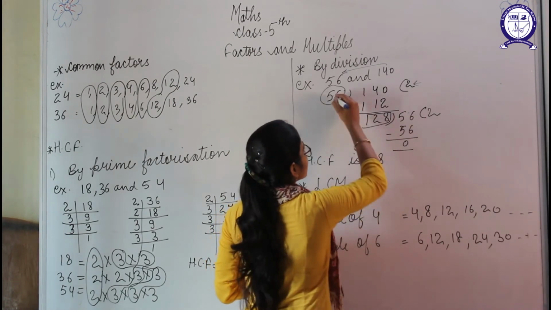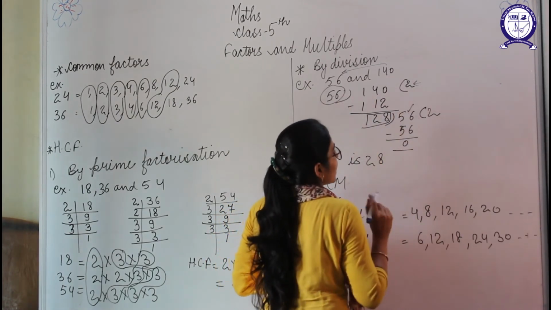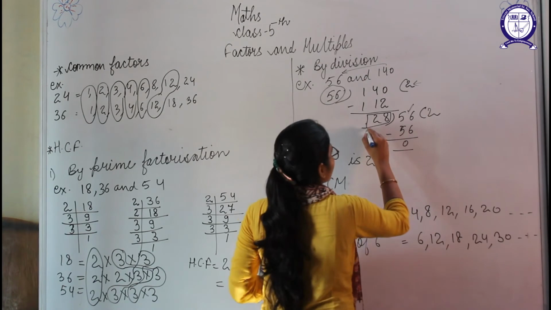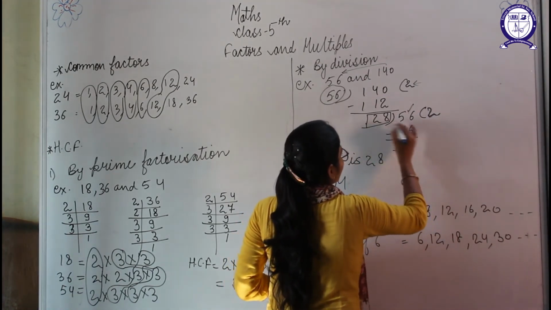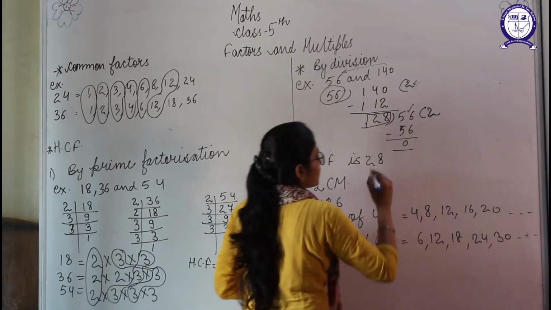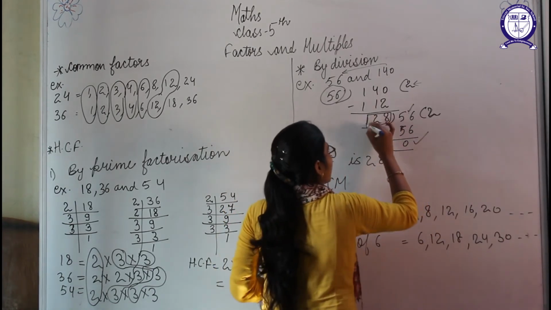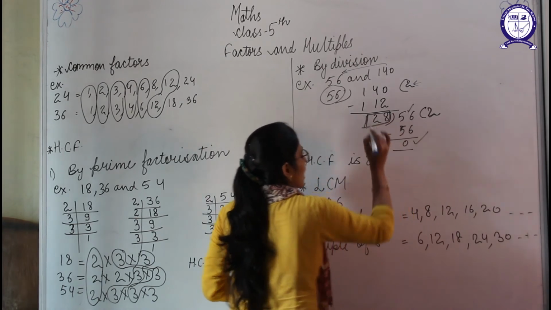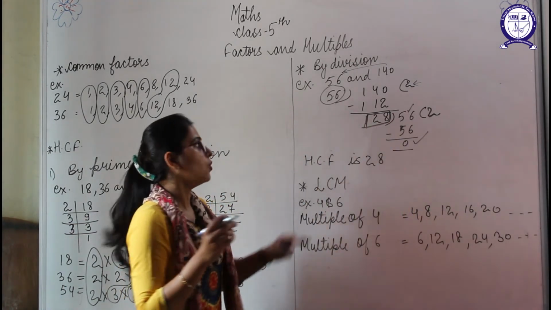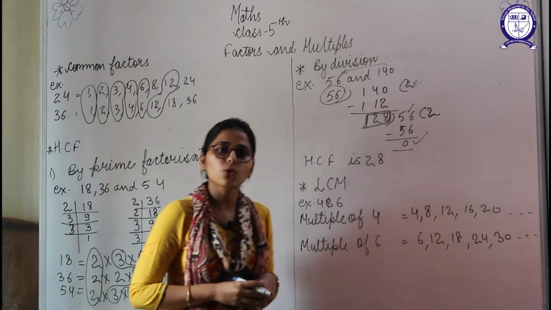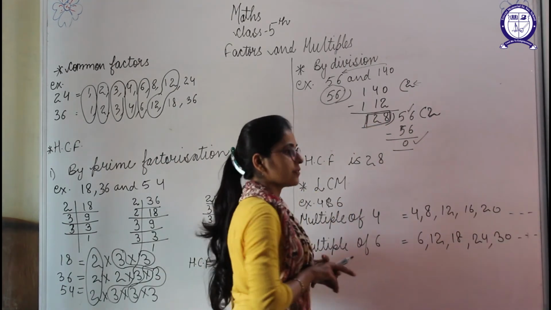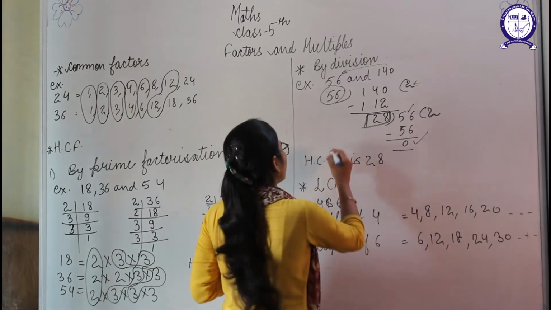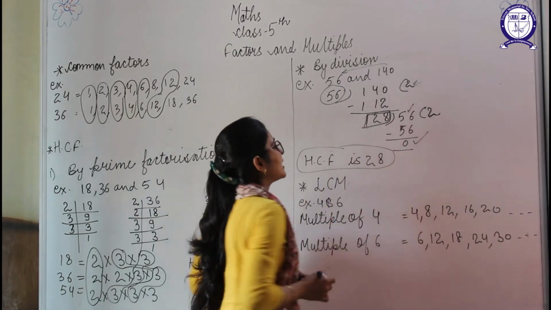Now we will divide by 28. It will be divided by 28 multiplied by 2, so it will give us 56 and the remainder is 0. So the number which is the divisor when the remainder comes 0 will be the HCF of those numbers. So when the remainder is 0, the number present here as divisor is 28. So the HCF of these 2 numbers will be 28, students.